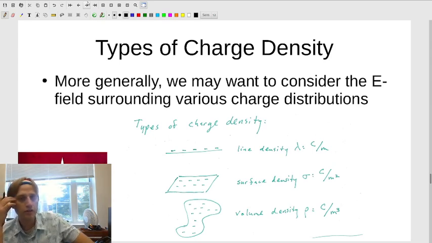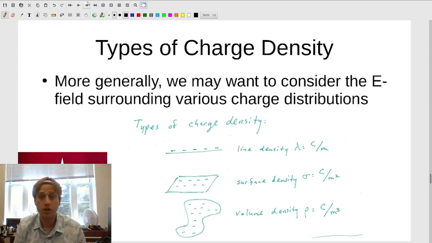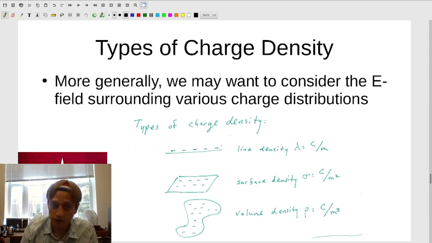Now the other thing I just want to bring up in this video is the idea of different types of charge densities. So we're going to be considering the electric field contributions of various types of charge distributions from a line of charge. And for that, we usually use the symbol lambda. It has units of coulombs per meter.